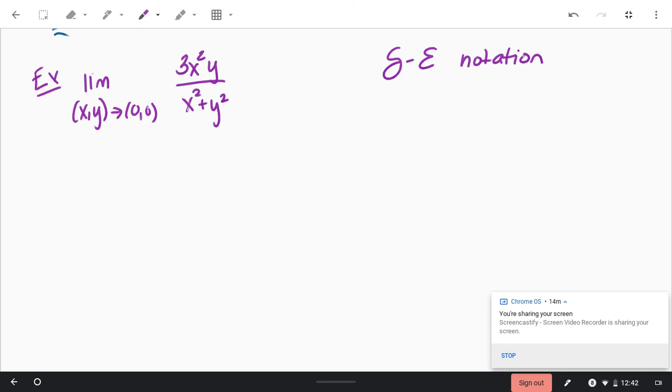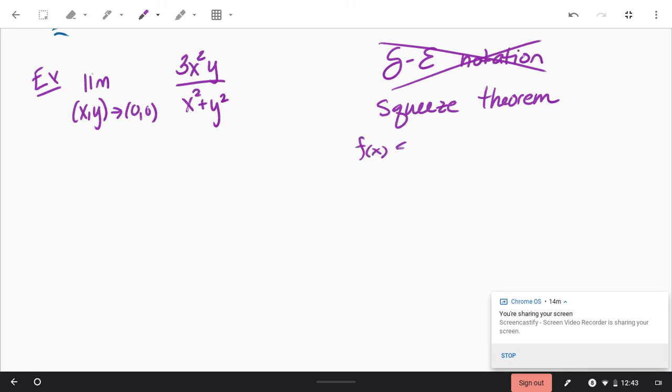So for all of the problems that you guys are going to have to do, you can use the squeeze theorem. Remember, the squeeze theorem says that if f of x is always less than or equal to g of x, which is always less than or equal to h of x, then... oh, sorry, that's not right.